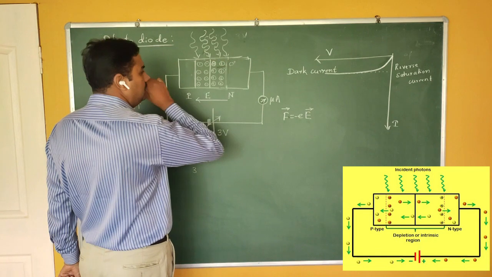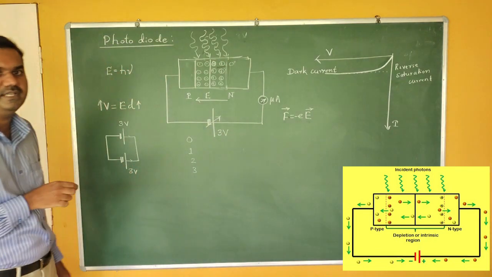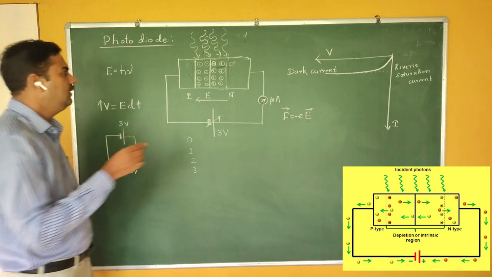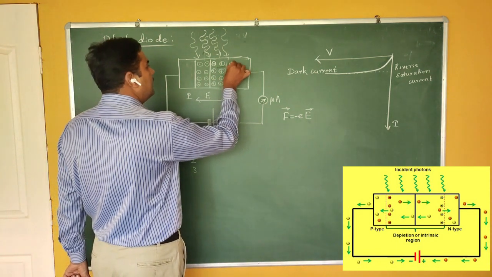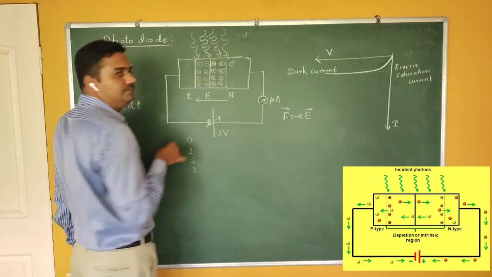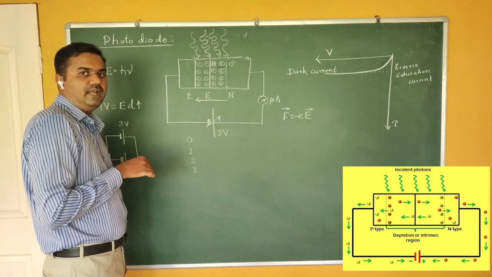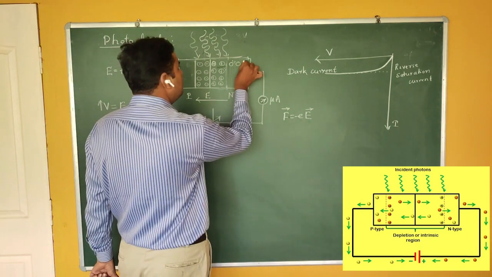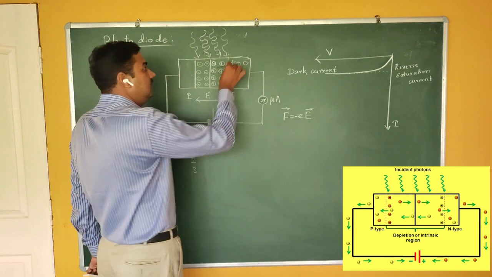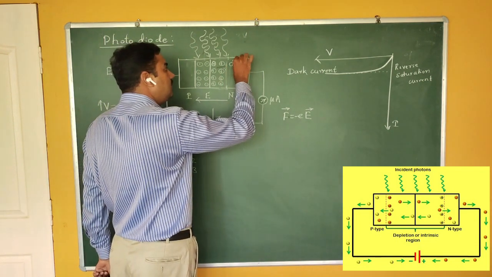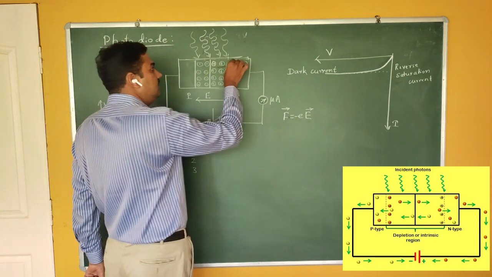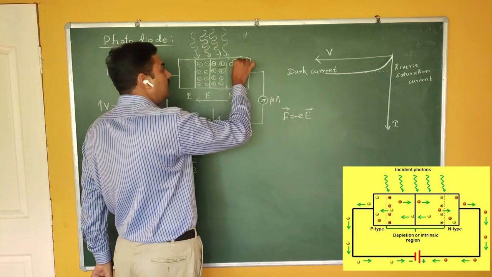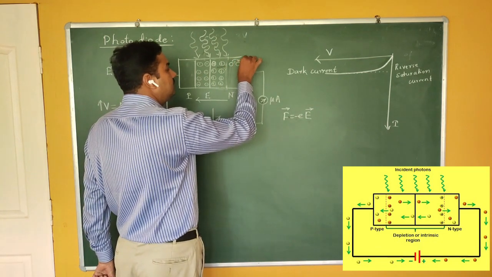When they come to the other side, there may be a possibility that the electrons recombine with holes, so that the atom becomes neutral. Then again this process continues. There is one more electron which can absorb this electron into its region. So this particular electron moves from this point to this point. Similarly, this particular electron can move from this point to this point.